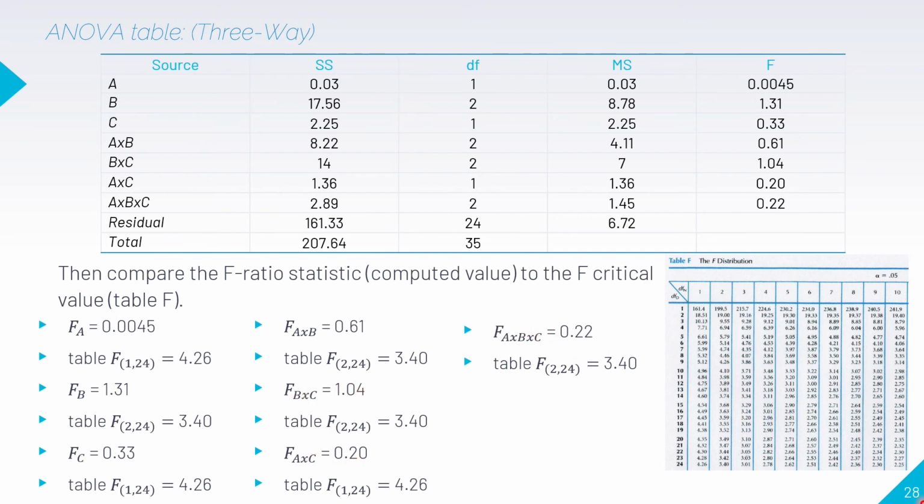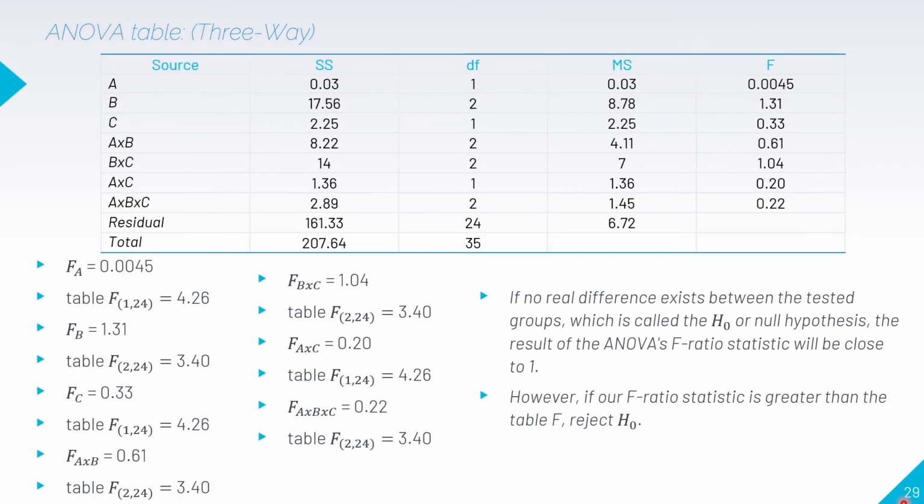Okay. Now, as you notice, our F's, FA, FB, FC, FA by B, FB by C, FA by C, and FA by B by C, are lesser than our table F's.